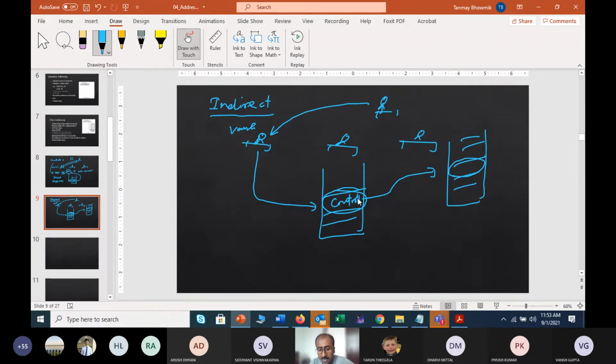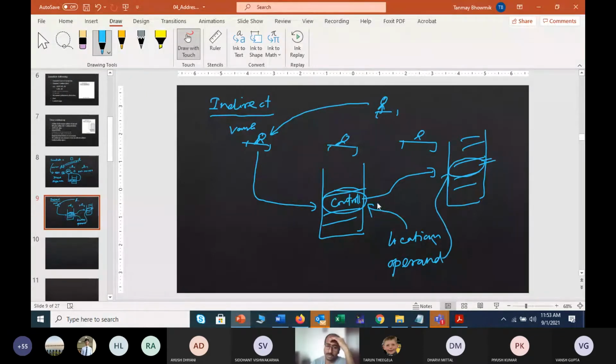That location information he got from here, and he rushed to the second location and here he got the data. So which is the location and which is the operand? Obviously this is the location and this is the operand.